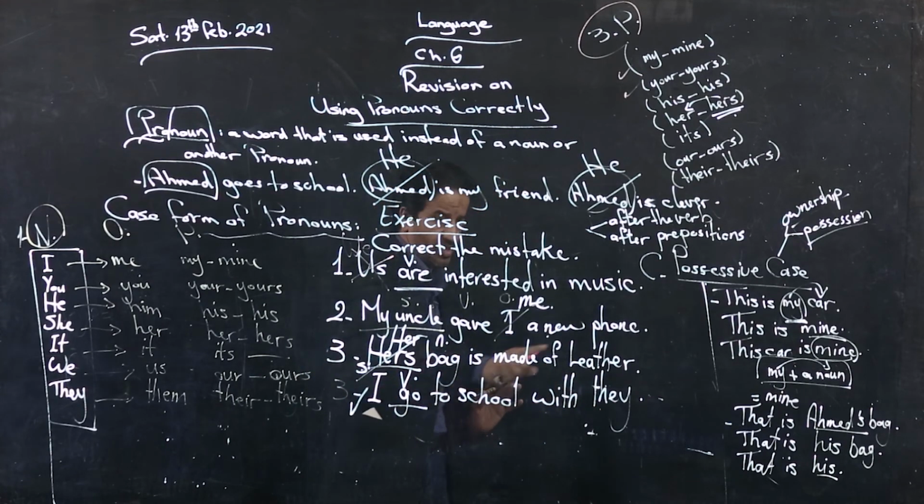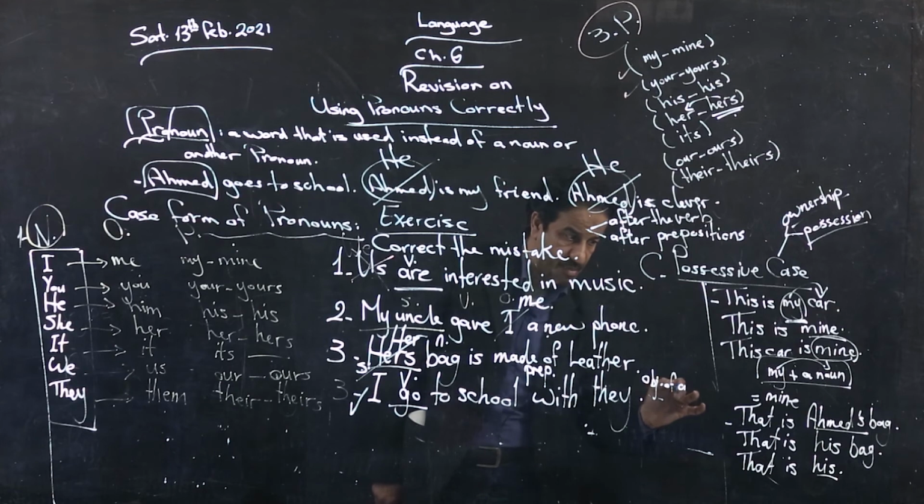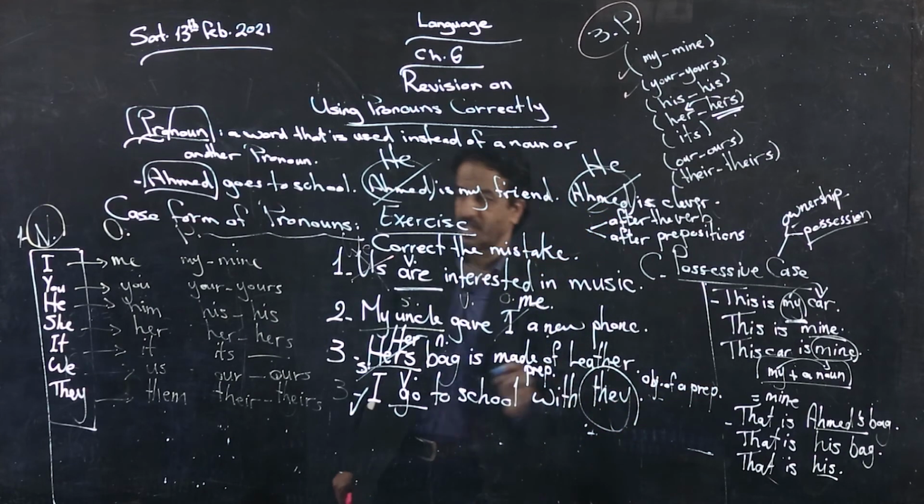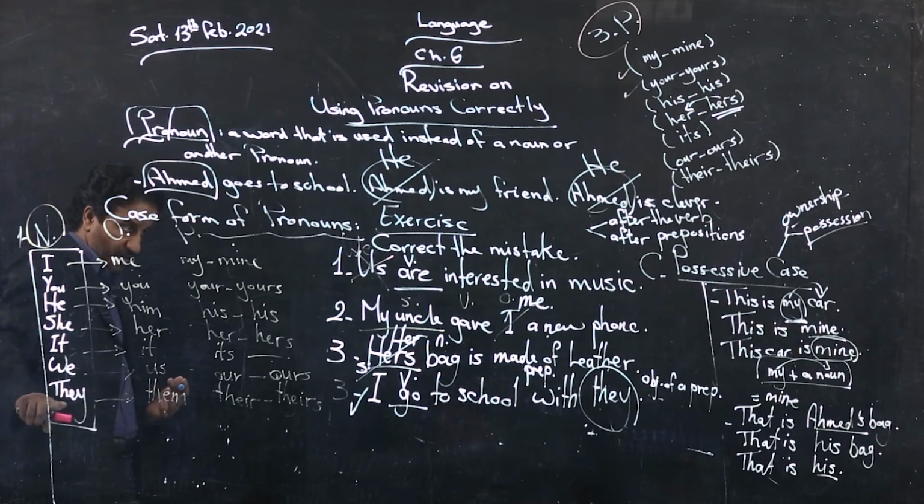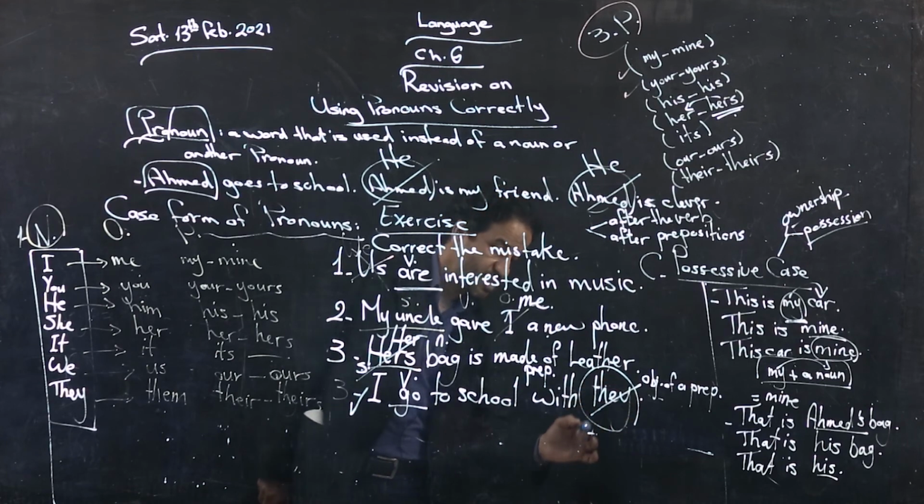I go to school with they. With is a preposition. What comes after the preposition is the object of the preposition. They is not an objective case. They is a nominative case, either a subject or a predicate noun. In the objective case it becomes them. So they becomes them.